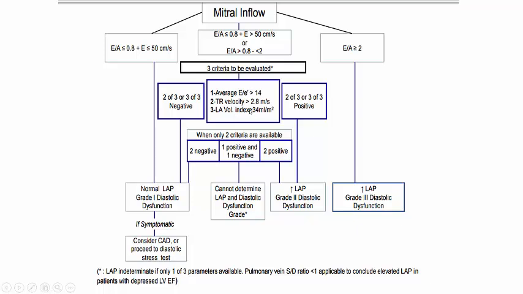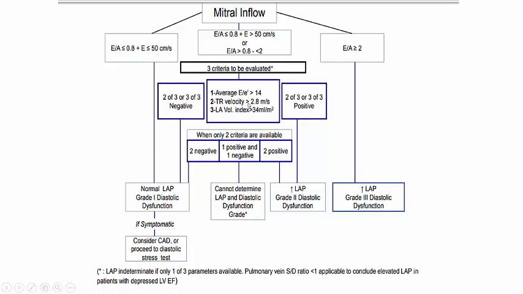This is very important to know the degree of the diastolic function. If 2 of these parameters are negative, that means the patient has normal or low left atrial pressure.